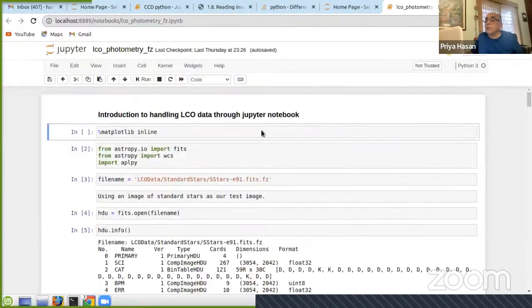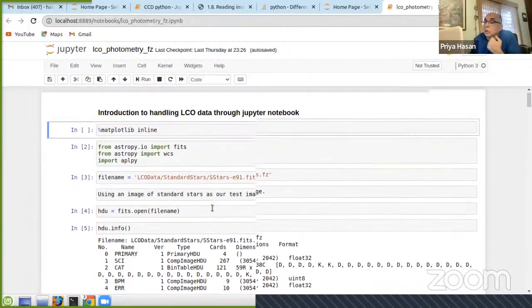So I will show you a little bit on how to handle these FITS files, the files which you're going to download from the LCO directory, and how to read them in Jupyter Notebook.